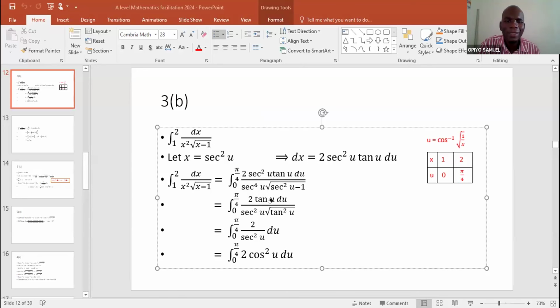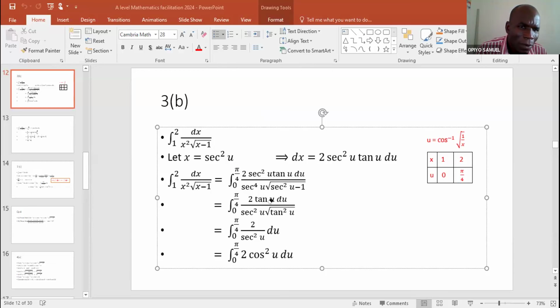Bishop? Okay. Sir, yes. We are not getting what you mean by changing the variables to sec squared. Why don't we use sine substitution and split the denominators?